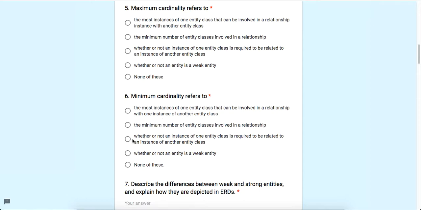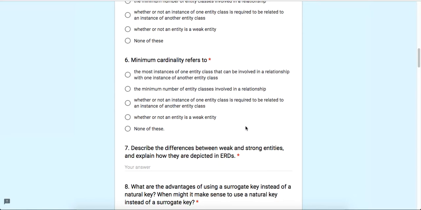A lot of folks indicated that they thought the answer was C, whether or not an instance of one entity class is required to be related to an instance of another entity class, which is sort of the mandatory or optional type of participation, whereas B is referring to the minimum number of classes involved in a relationship. So that has more to do with the degree of the relationship, which is what cardinality is really pointing to.